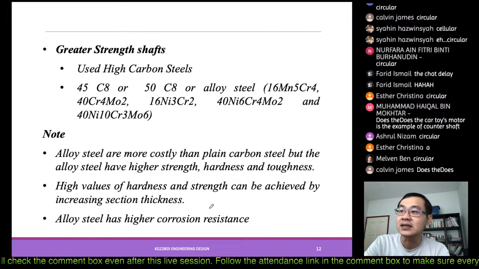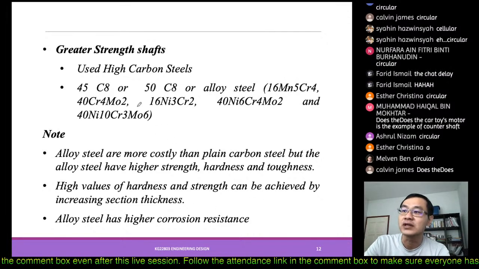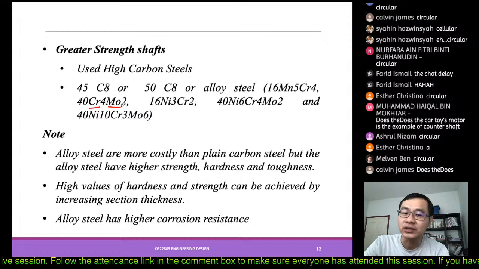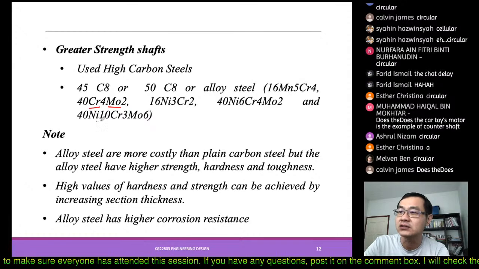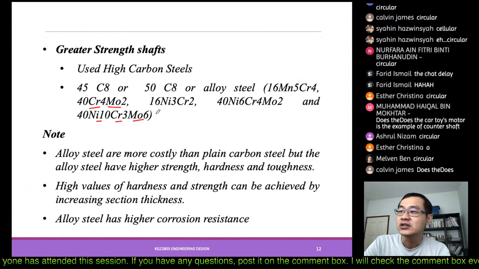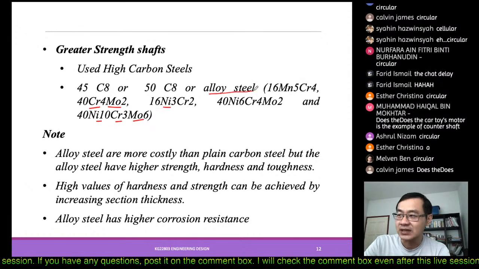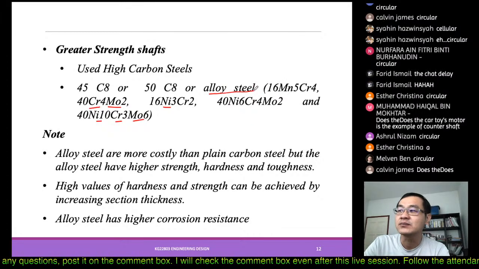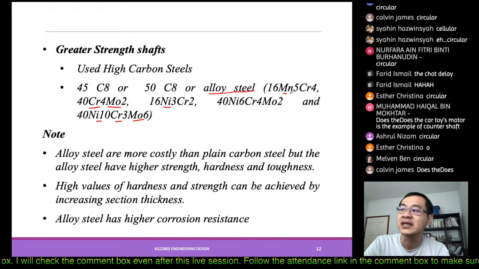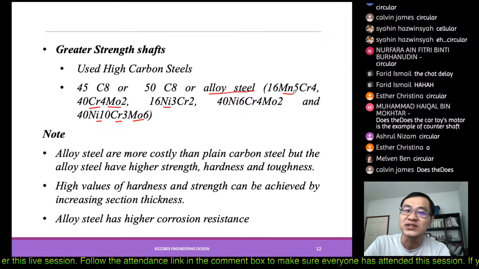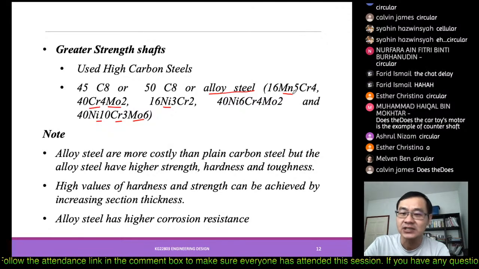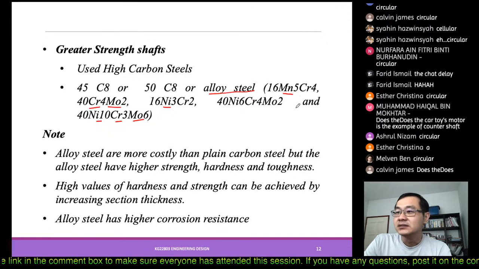Again, in that we will add more important elements into the material, for example chromium, nickel, molybdenum, so as to form an alloy, right? And when it is in the alloy form, usually they are much higher in terms of strength, and also they have the ability to resist rust.